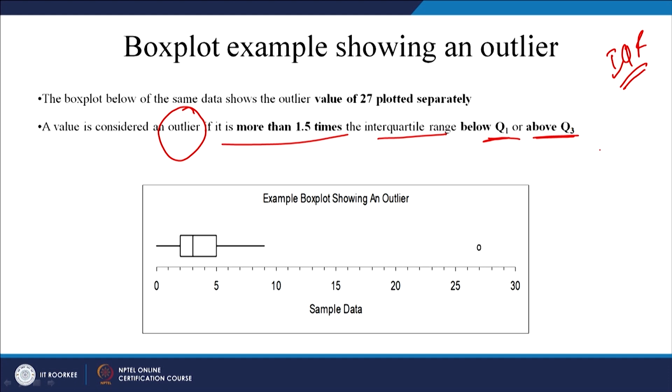So, data points below Q1 minus 1.5 times IQR would be outliers. Similarly, data points above Q3 plus 1.5 IQR would also be outliers, right.